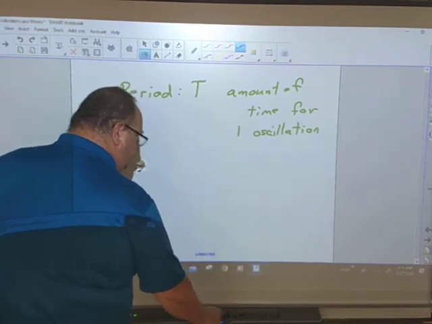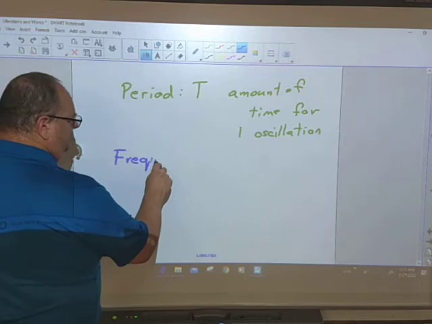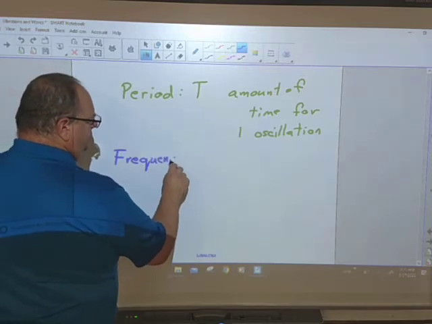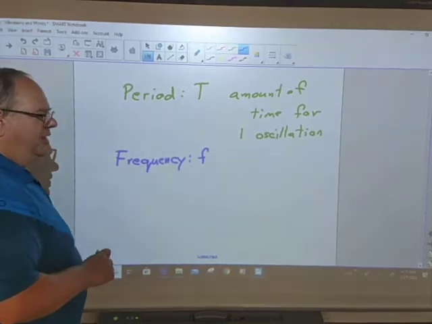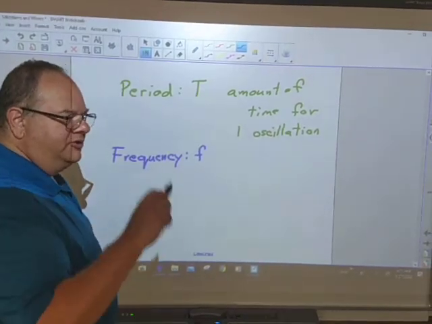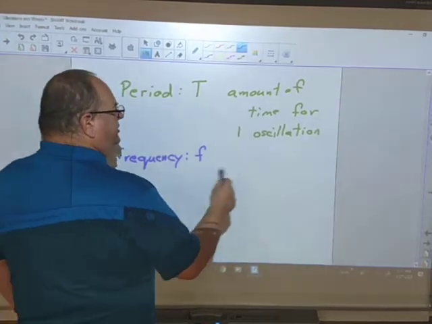Okay. There's a term called frequency. And we'll use F here. In chemistry, you might remember we used the Greek letter nu. I'm going to use F for frequency right here.